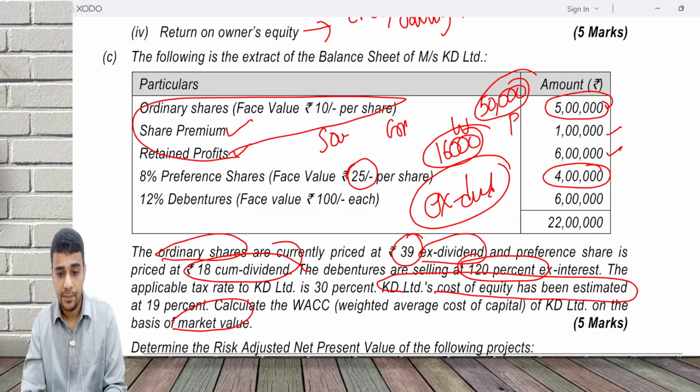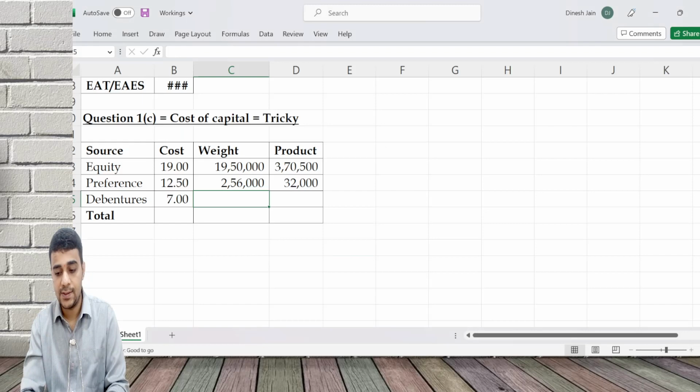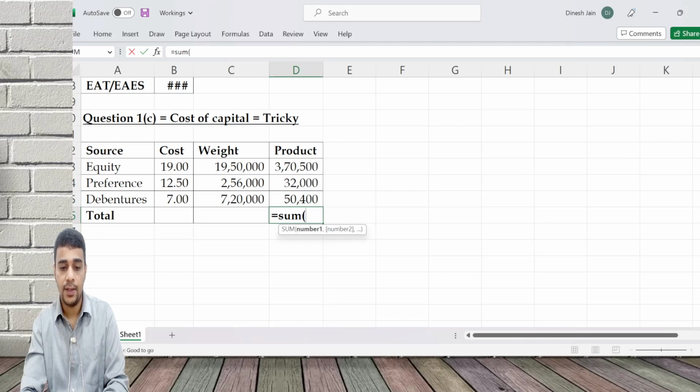Weight is 6 lakh divided by 100, which is 6,000, into 120. That's all. I don't have anything more to explain.